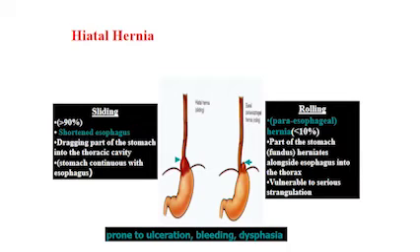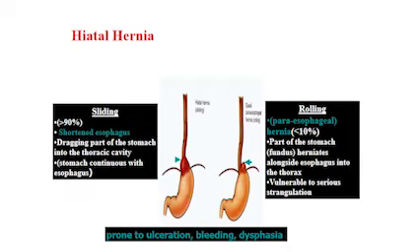Okay, Shabab, we are left with the congenital anomaly of hiatal hernia. Again, there will be herniation of the abdominal viscera into the thoracic cavity, but it is through the esophageal hiatus rather than through the domes of the diaphragm.